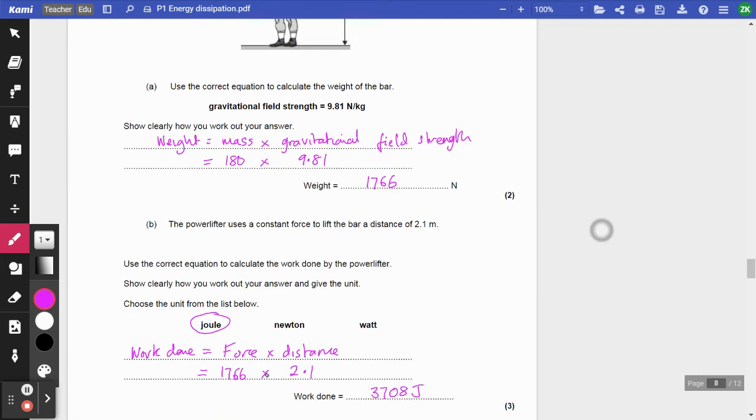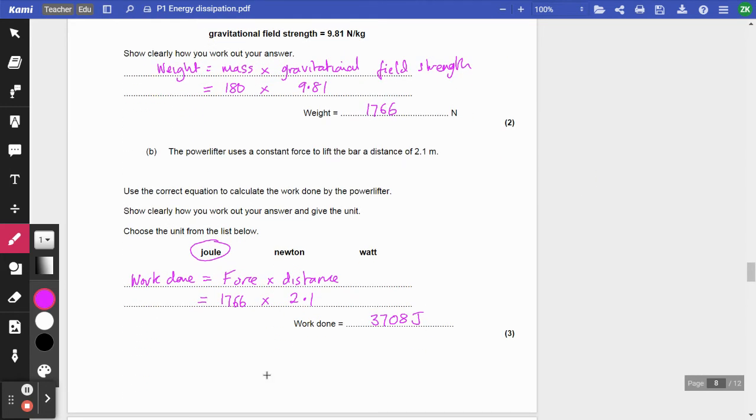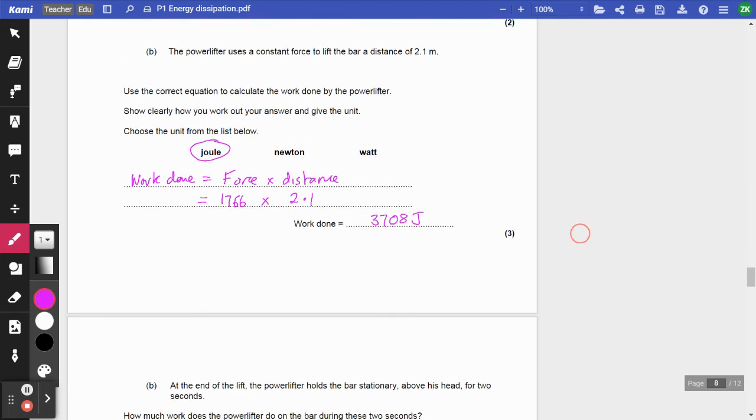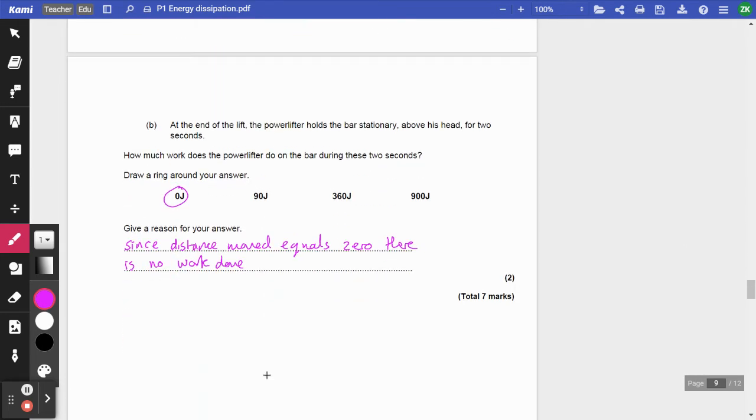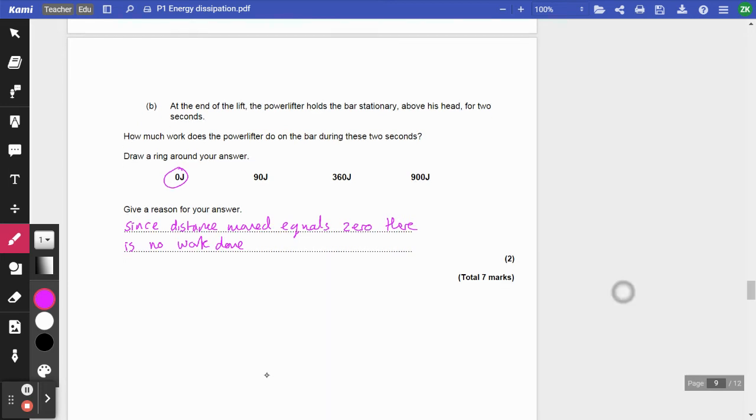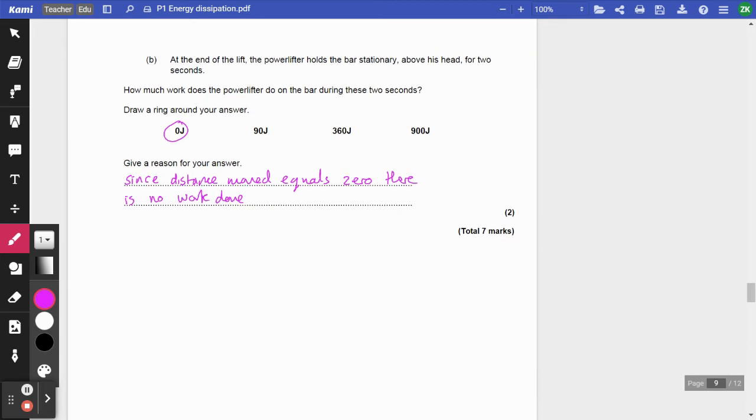As we've seen here, the work done calculation is force times distance. So if the distance moved is 0, then the work done is also 0. And that's why you need to mention here: since the distance moved equals 0, therefore no work is done. That is key there. You need to write that down.